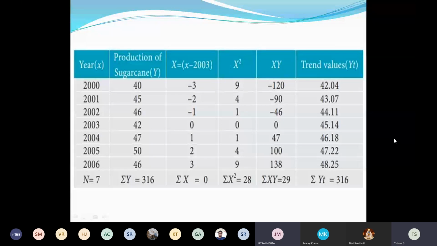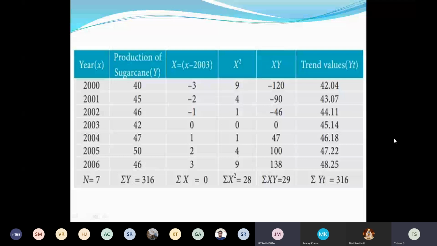The production of sugar cane, which is already given in the problem and considered as the variable y, is the actual value, and the trend values which we calculated make the linear line. The original data doesn't make a linear line. The actual data has some ups and downs, but the trend values start from 42, 43, 44, 45, 46, 47, 48.